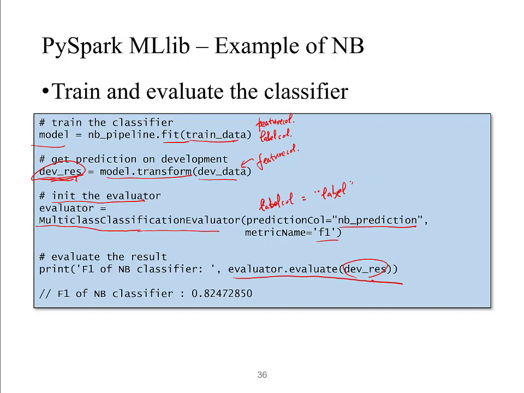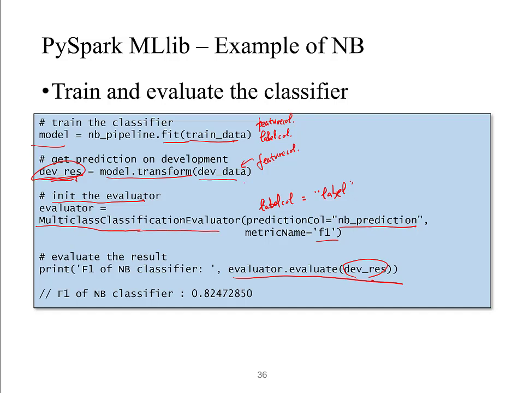In order to train it, just make sure either your pipeline contains how to generate the feature vector, or the input data frame itself has the feature vector column.